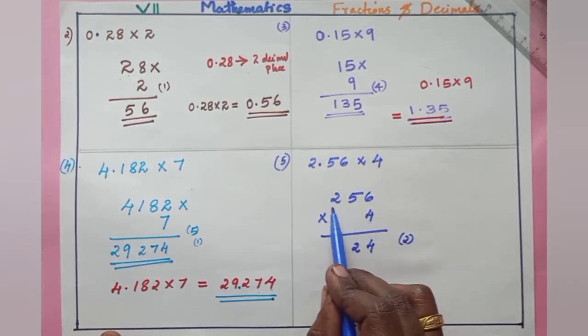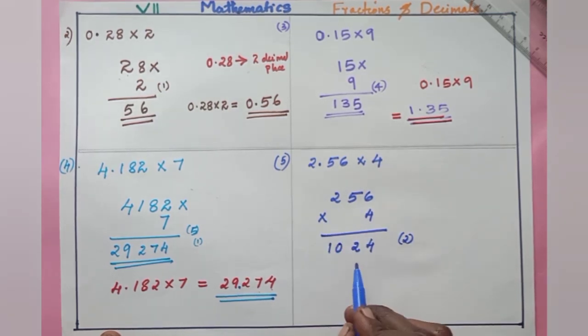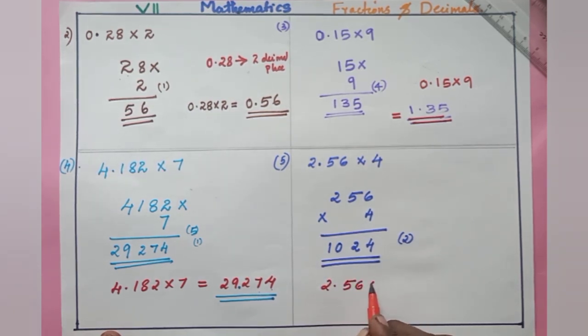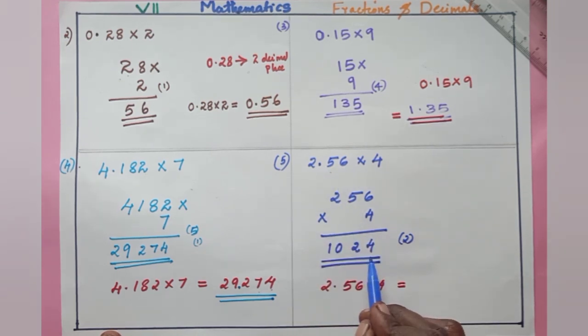Then 2 4s are 8 plus 2, 10. So the whole number answer is 1024. But the question is a decimal number. The multiplicand has 2 decimal places. So our answer is changed into 2 decimal places. So we get 10.24.